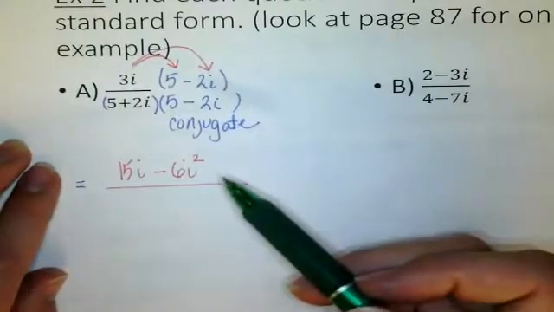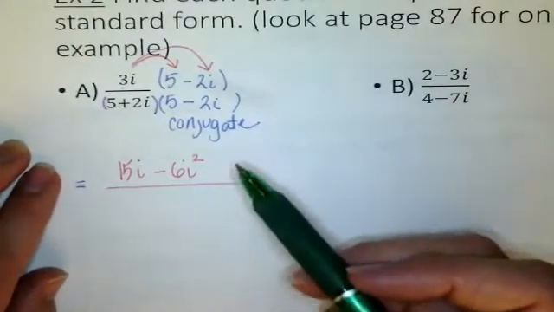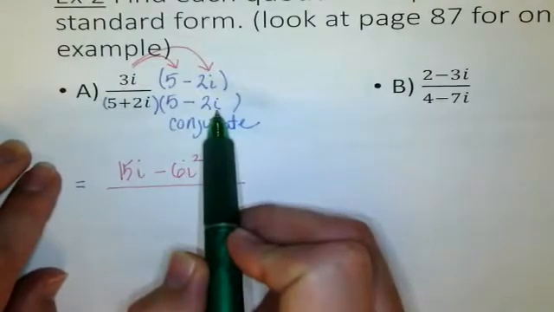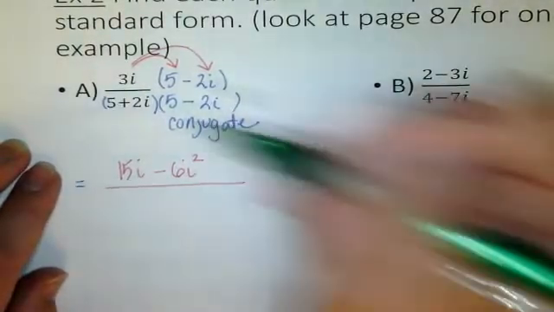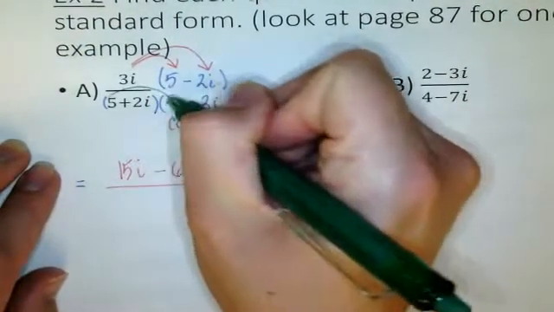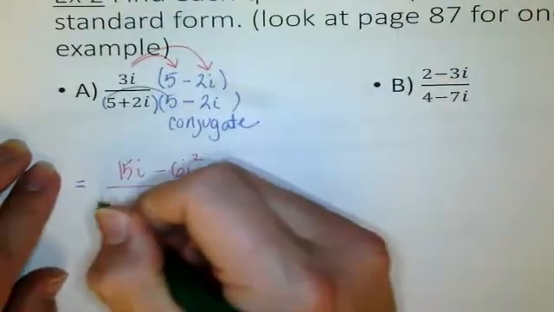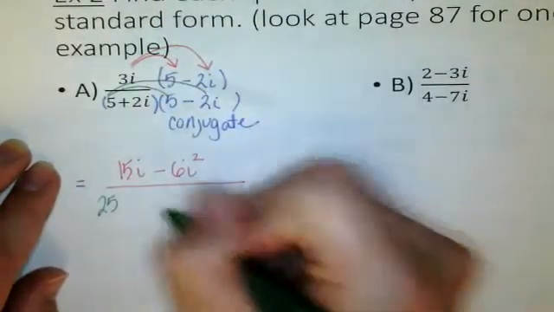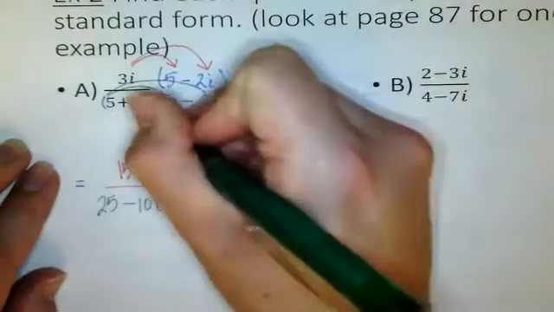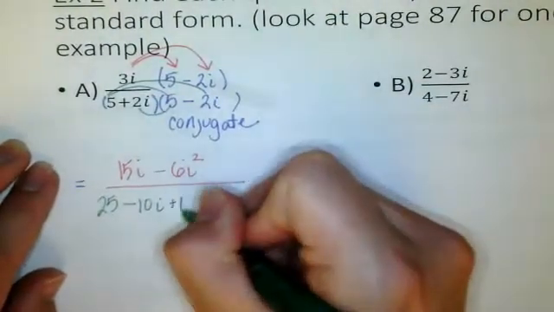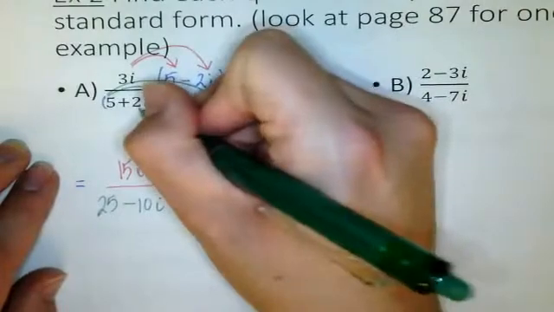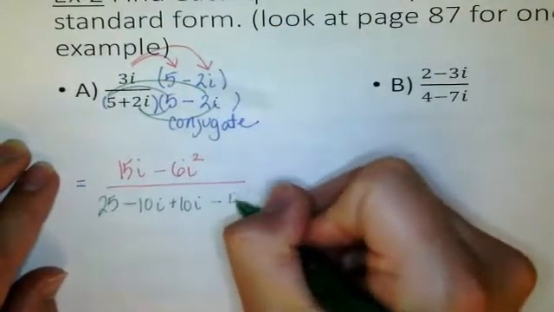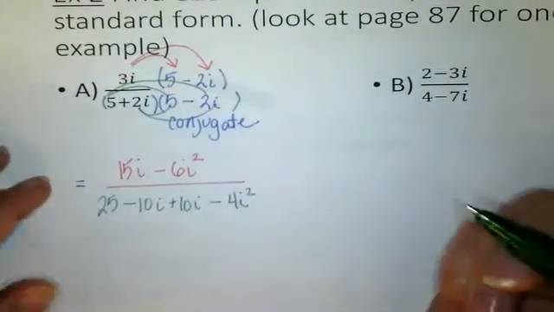Yes, Eric, what you said is correct. I'm going to do it later. All right, on the bottom, what do we have to do downstairs? Distribute. So we've got 5 times 5 is 25. Outside, we get negative 10i. Inside, we get, and then last times last, 2i times negative 2i, negative 4i squared. Very good.